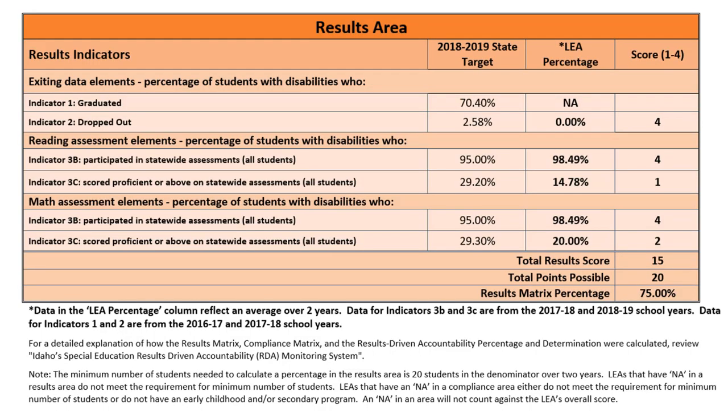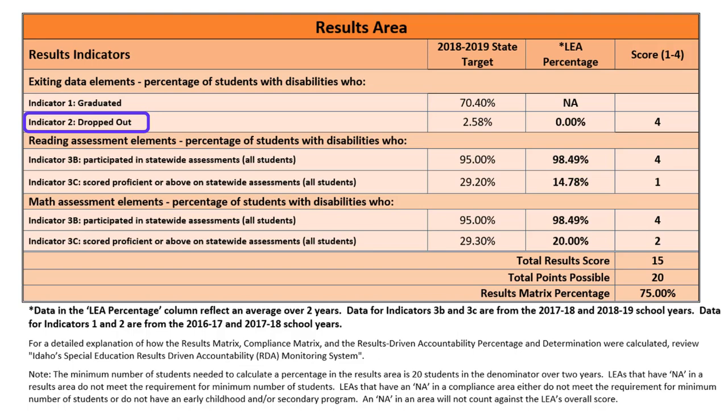Now the next page is the results area. On the left-hand side here, you can see each of the data elements that are taken into account when calculating these scores. The first is graduation, which is indicator 1. Indicator 2 is dropout.